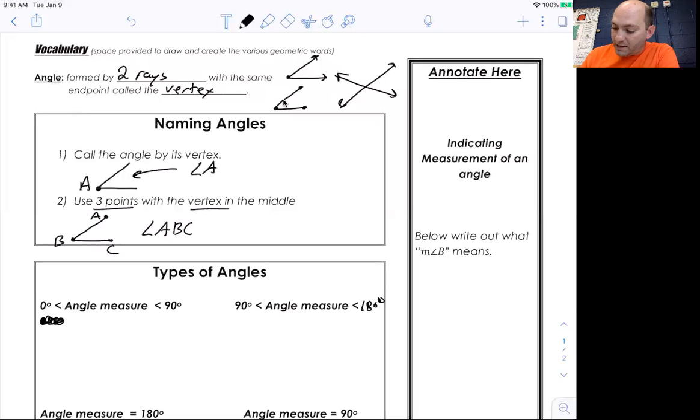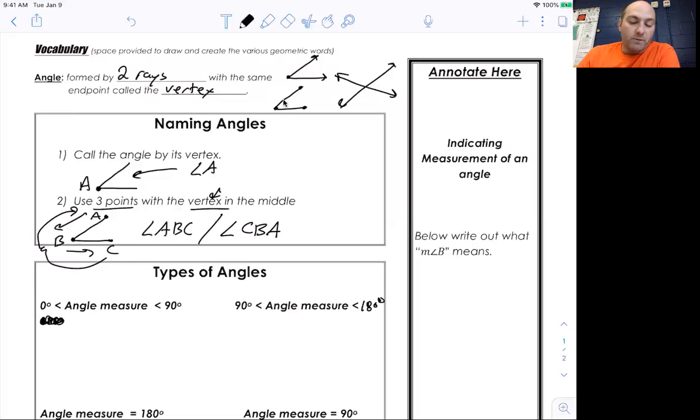I went A to B to C like that in that order. But I can also reverse that. This is also the same as angle CBA. Okay, if I went this direction, where I went here and then here, that's fine. The only key important thing is that the vertex is in the middle. That's all that matters for the naming if I use 3 points.